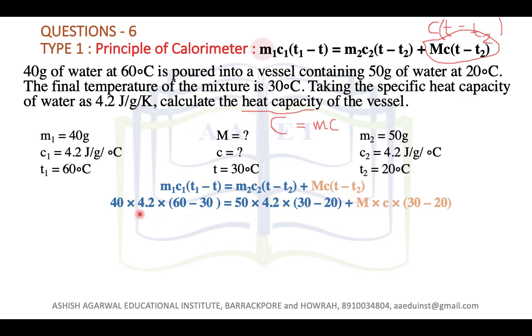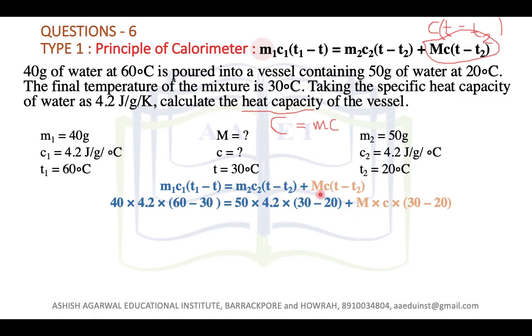In the next step itself, we are substituting. All these parameters we know: M1 C1 is 40 and 4.2, T1 minus T is 60 minus 30, M2 C2 is 50 and 4.2, T minus T2 is 30 minus 20.